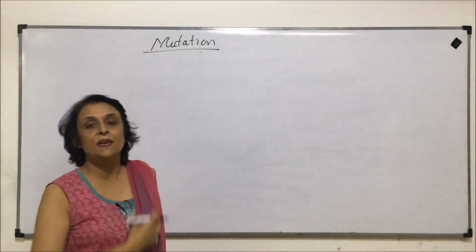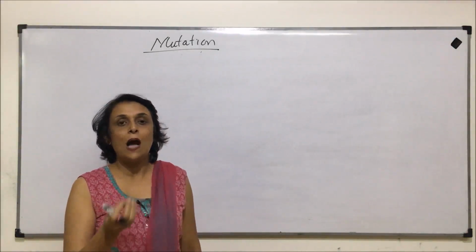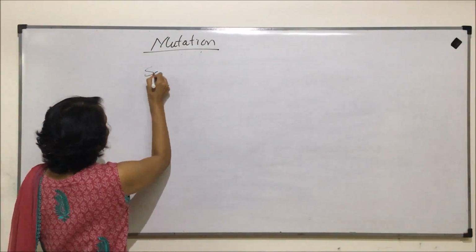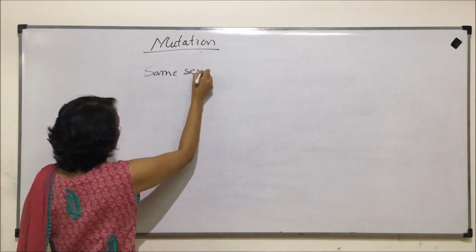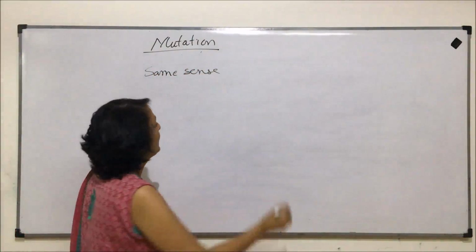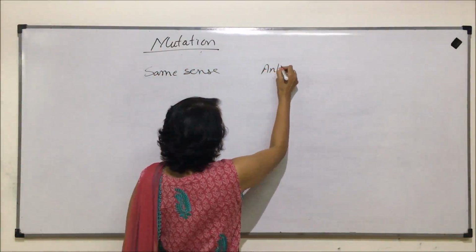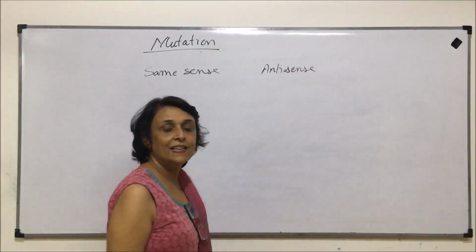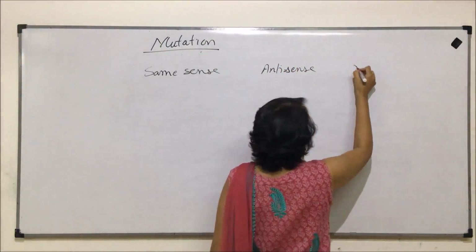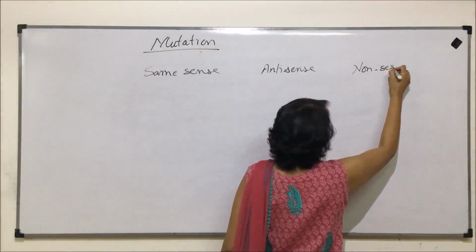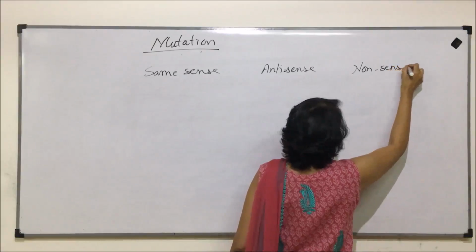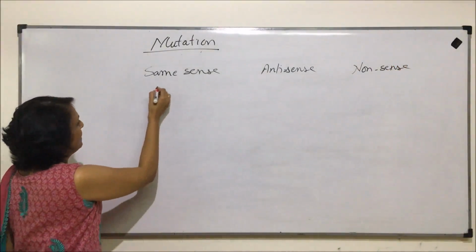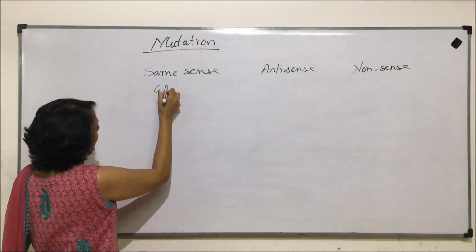And this is on the basis of what is the outcome of that mutation. So we can classify it as same sense mutation, then anti-sense mutation, and then no sense or non-sense mutation. Now here let us take an example. The example is, say, GAG.